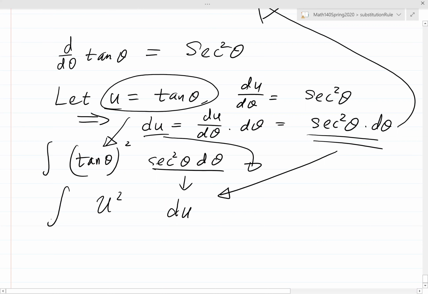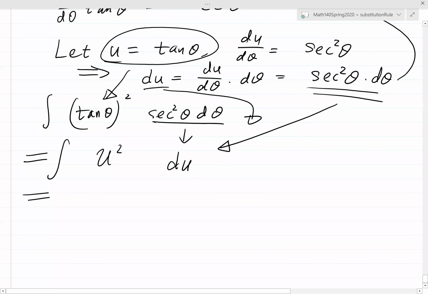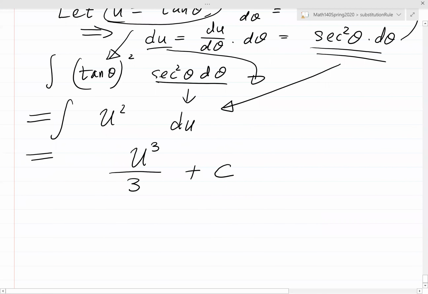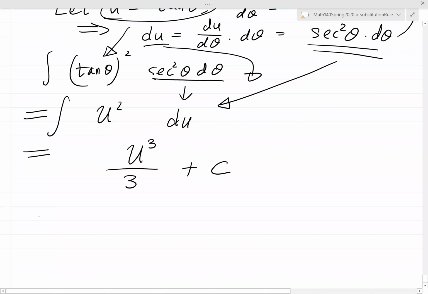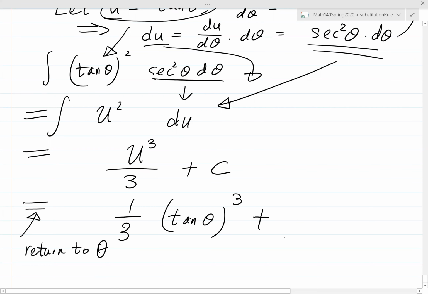And then we apply the power rule: u cubed divided by 3 plus constant c. Then finally we return to the original variable. So 1/3 tangent theta cubed plus constant c. Then we are done for this problem.